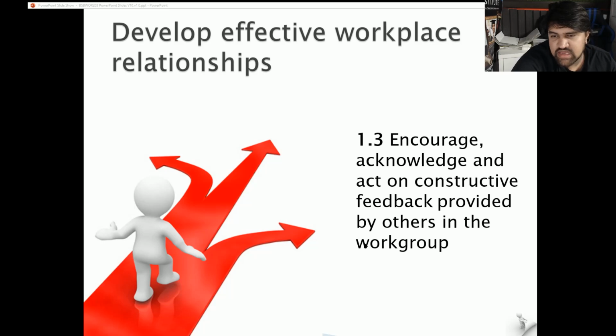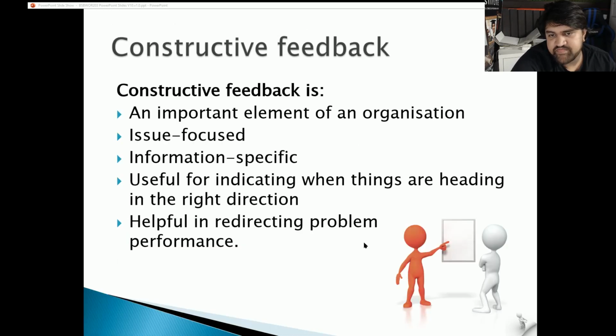1.3. Encourage, acknowledge, and act on constructive feedback provided by others in the work group. So constructive feedback is an important element of an organization. It's issue focused, information specific, useful for indicating when things are heading in the right direction, helpful in redirecting problem performance.